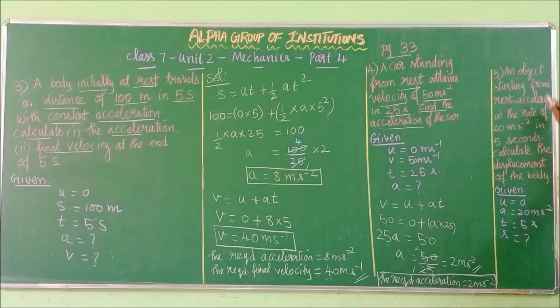Rest means indirectly u is equal to 0. Acceleration is 20 meter per second square. Time is 5 seconds. Displacement is equal to question mark. We will do the solution.